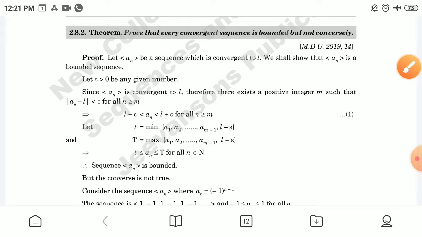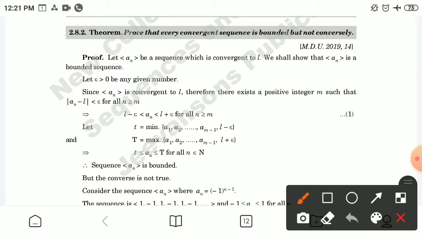Let small t be equal to the minimum of a1, a2, ..., am−1 and L − epsilon, and capital T be the maximum of a1, a2, ..., am−1 and L + epsilon.